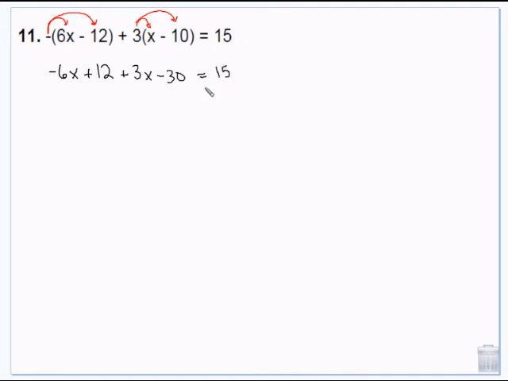15 is just by himself, so he stays 15. Negative 6x and 3x go together to give me negative 3x. 12 and negative 30 go together to give me negative 18. And that still equals 15.